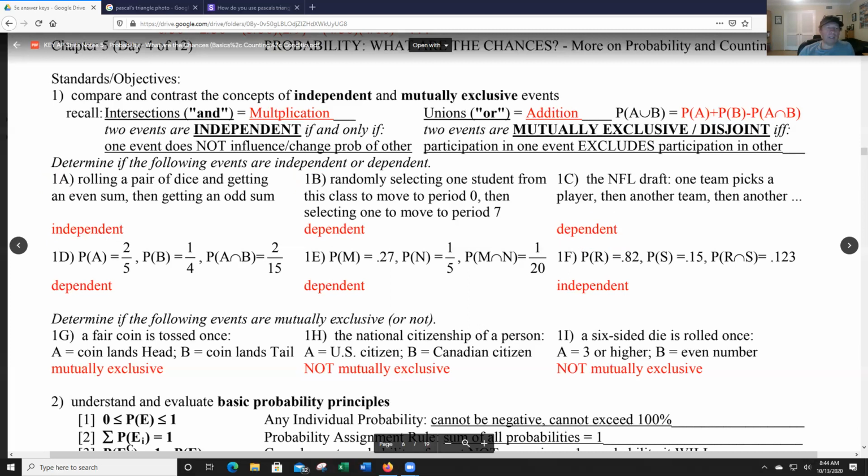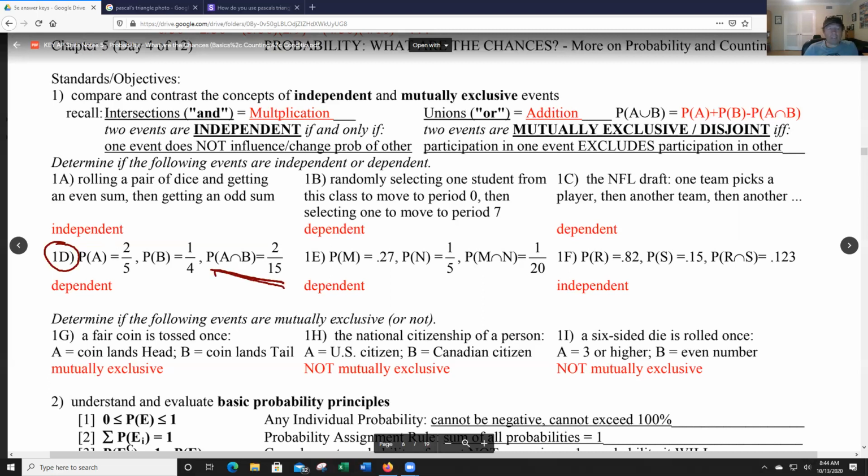Now, mathematically, let's go down to 1D. We're going to see if these are dependent or independent, okay? All right, so what we have here is probability of A is 2/5, B is 1/4, and the intersection is given to us as 2/15.